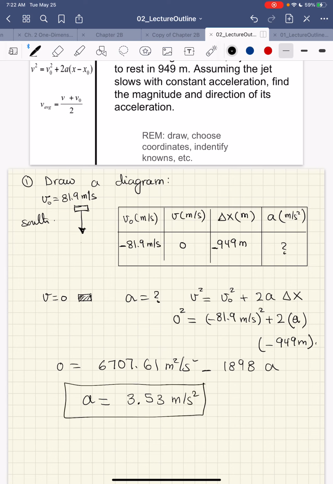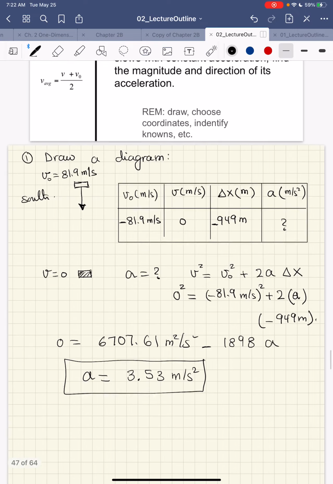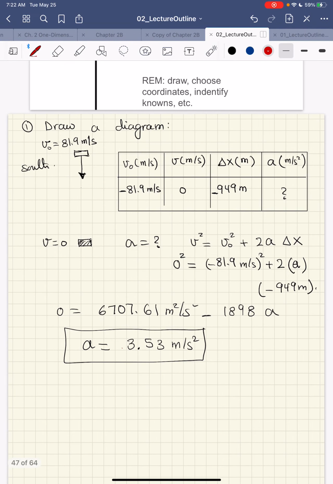Now you can see that the acceleration here is positive. The direction of the acceleration is up, and the velocity was down.